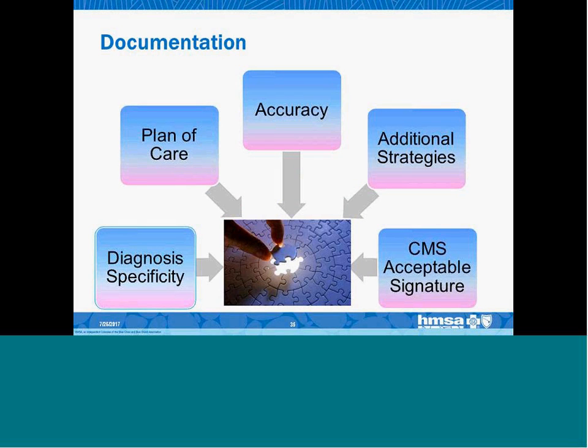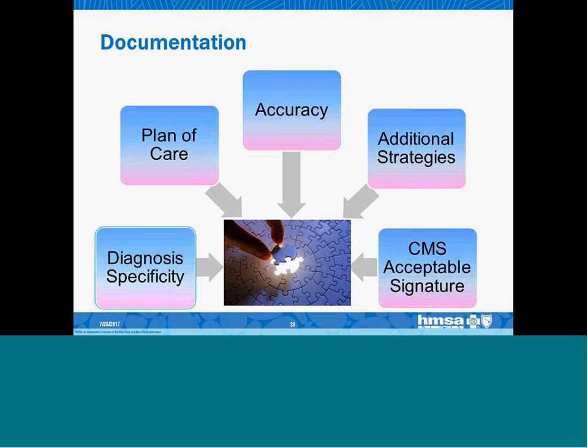Your medical record documentation should paint a picture with words. If your documentation is incomplete, you could liken that to a puzzle that's missing pieces. Diagnosis specificity, so make sure you have your chief complaint, HPI, review of systems, any comorbidities affecting the patient care.